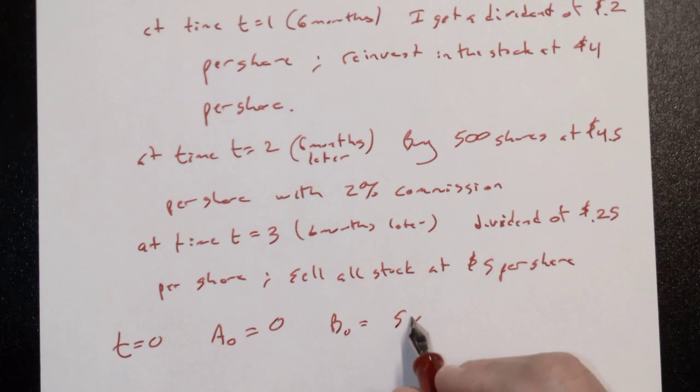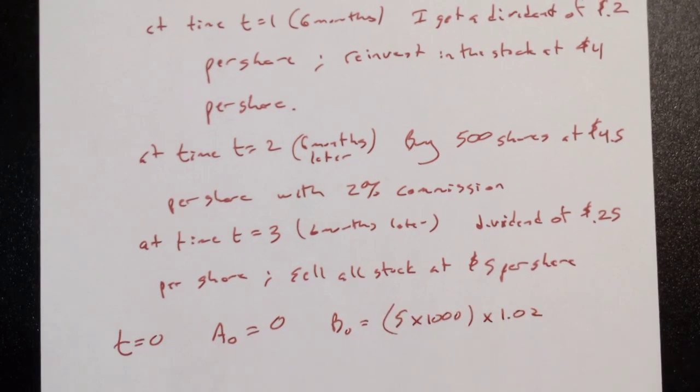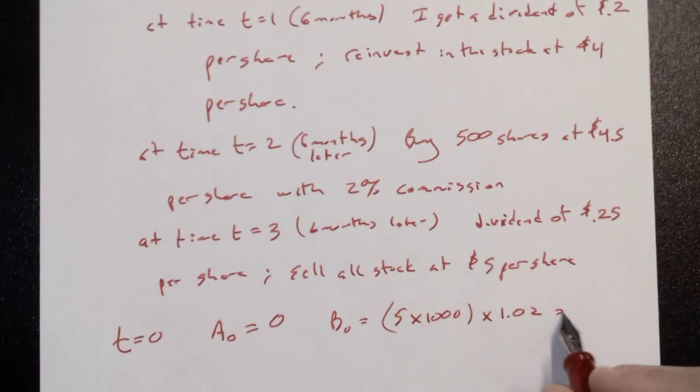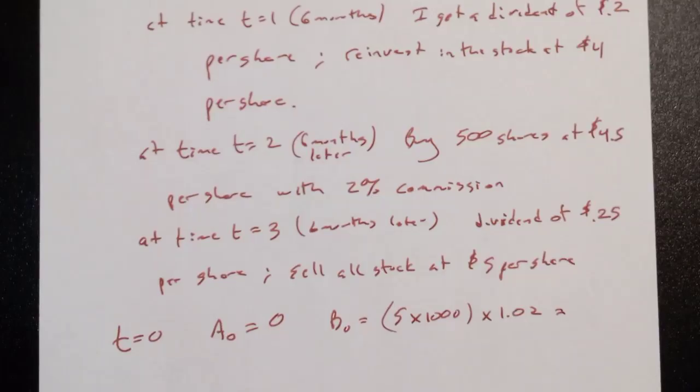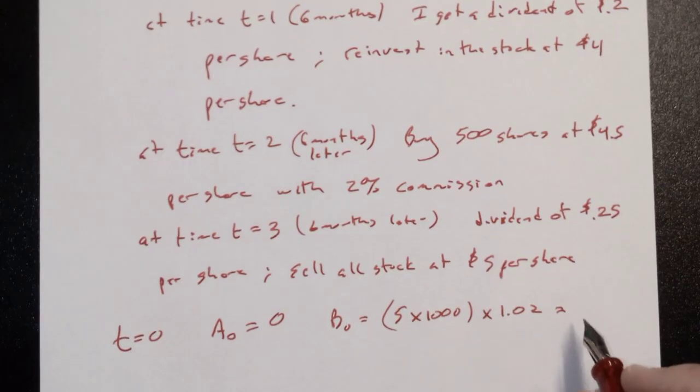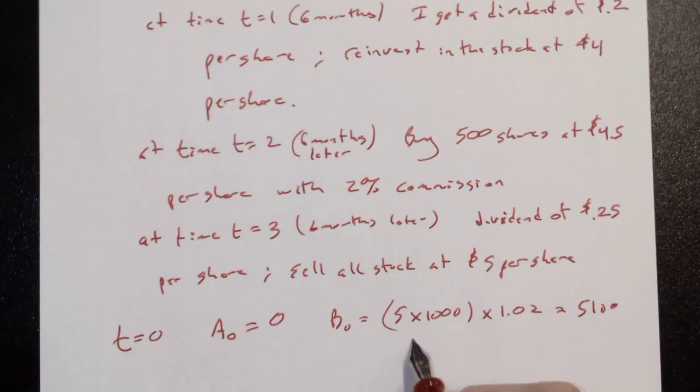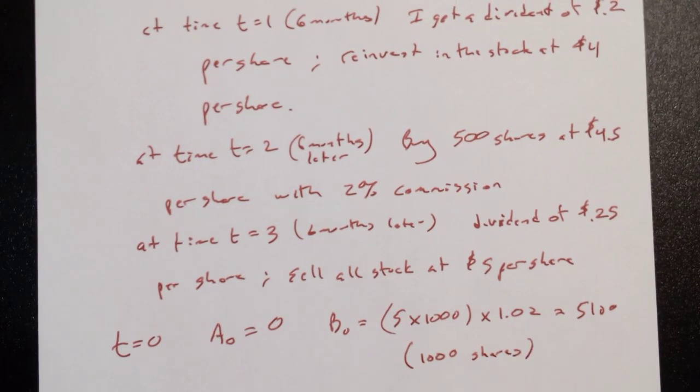So $5 per share times 1,000 shares times 1.02 to account for my commission, right? Which is how much? And I now have 1,000 shares. And I need that for the next part.